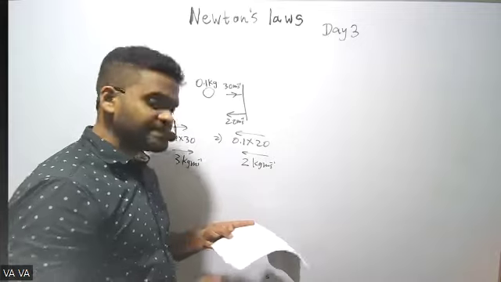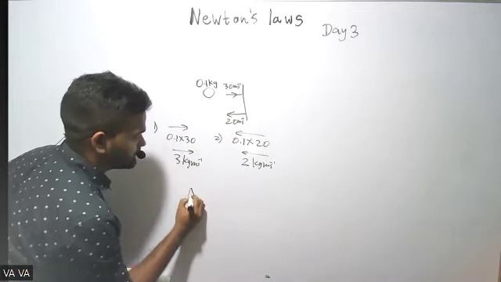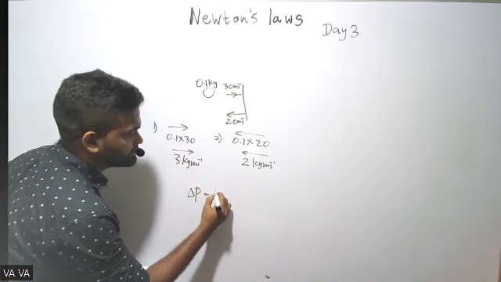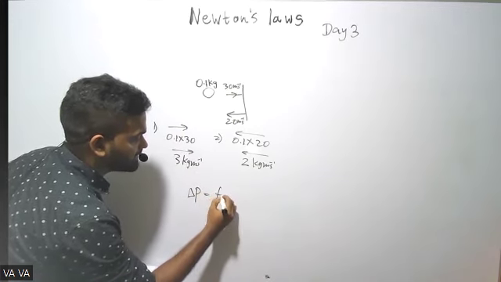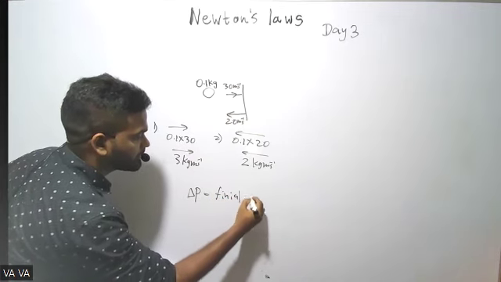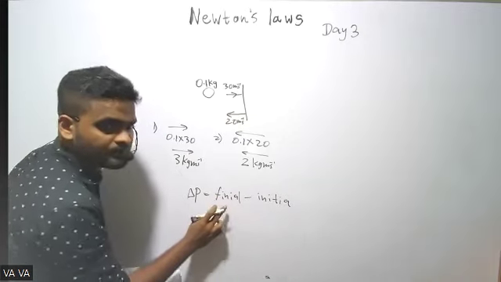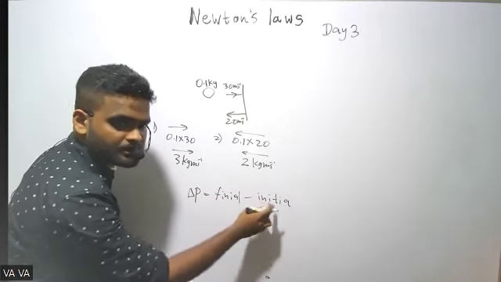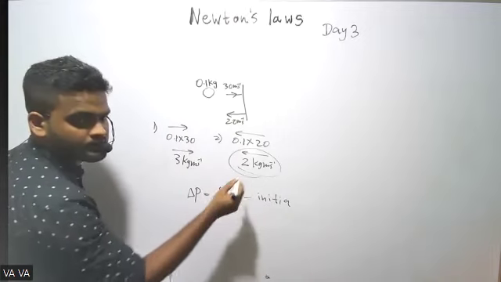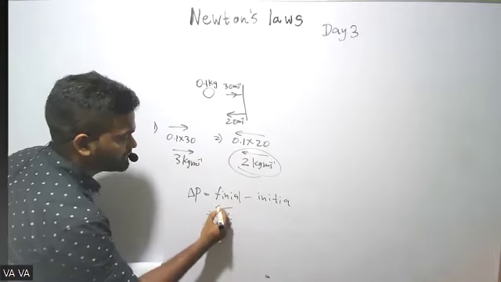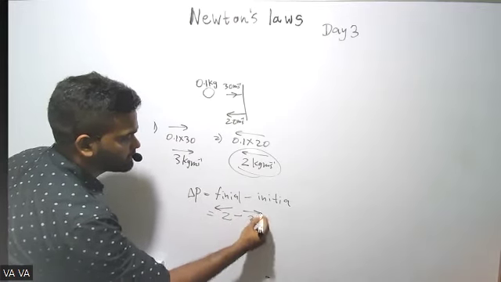Third one, change of momentum. This is very important, right? Delta P is final minus initial, not initial minus final. It should be final momentum minus initial momentum. So final momentum is this one, right? 2 to this side minus initial momentum 3 to other side.